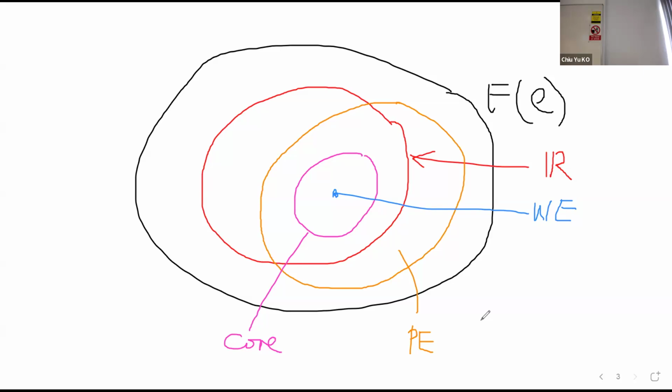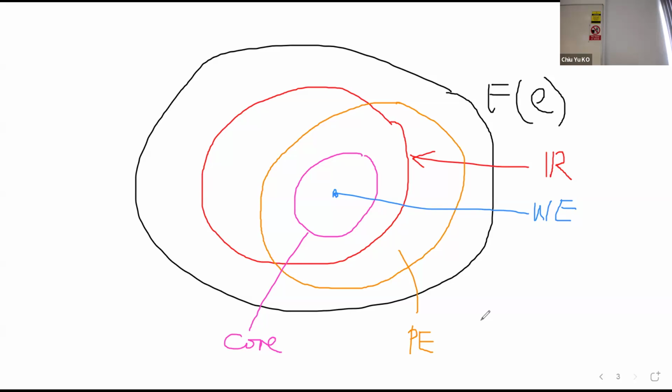When the economy is big enough, getting bigger and bigger with more and more people, which we define precisely, the core shrinks. And at the end, as you go to infinity, the core and the Walrasian equilibrium are the same. Let me repeat the statement. Although we cannot make every core allocation implementable by Walrasian equilibrium, we make the economy big.